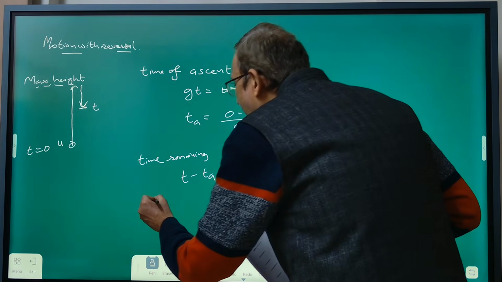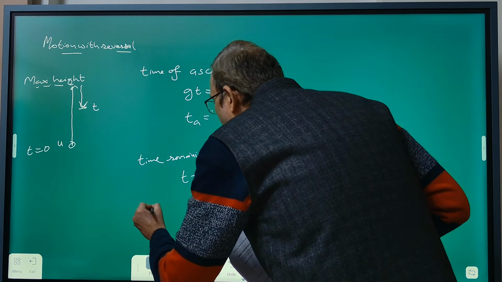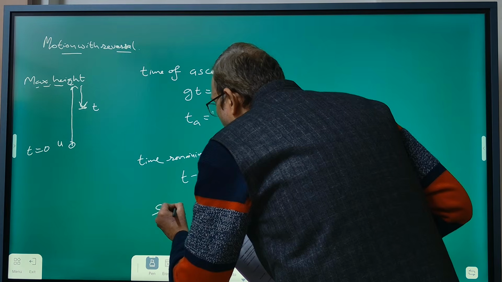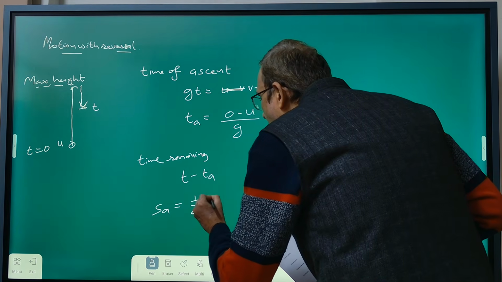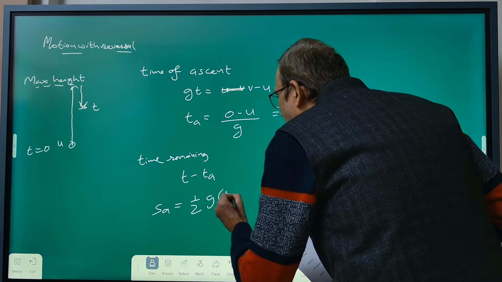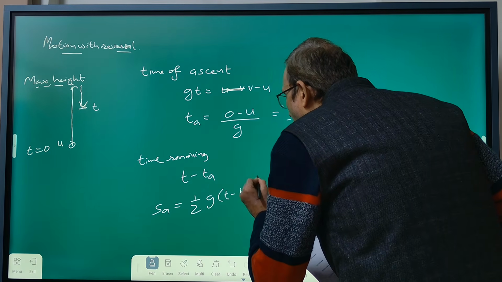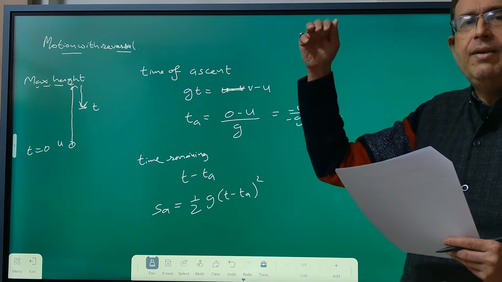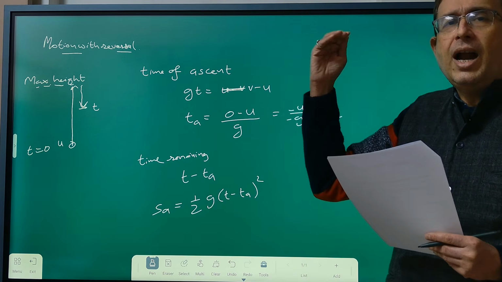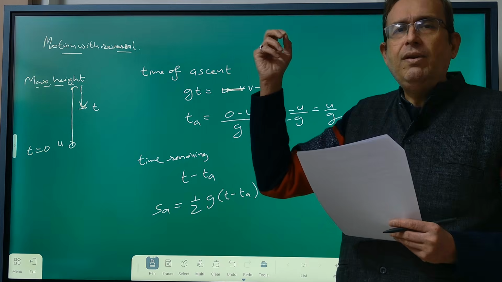And the distance covered here would be simply sa, which would be equal to half g into (t minus ta) whole square, because after it reaches the maximum height and starts returning, it has an initial velocity of 0.